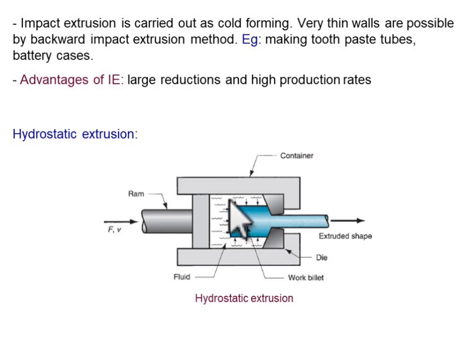By using this fluid, we can reduce or eliminate the contact surface between the work billet and the container, and thus we can also reduce the friction. That's why in hydrostatic extrusion the force required is less, and also if the material is brittle and less ductile, then we can choose this hydrostatic extrusion process.